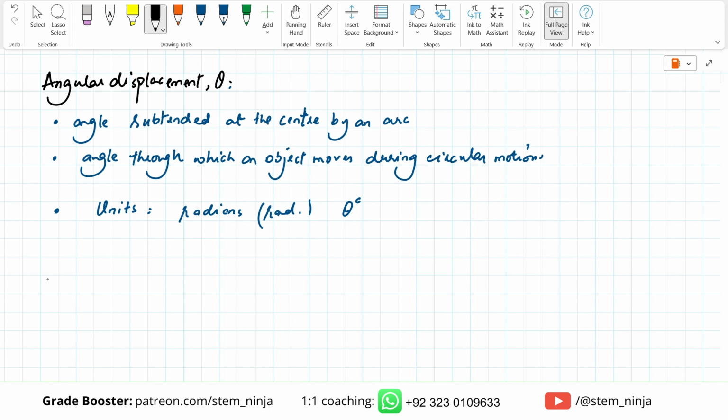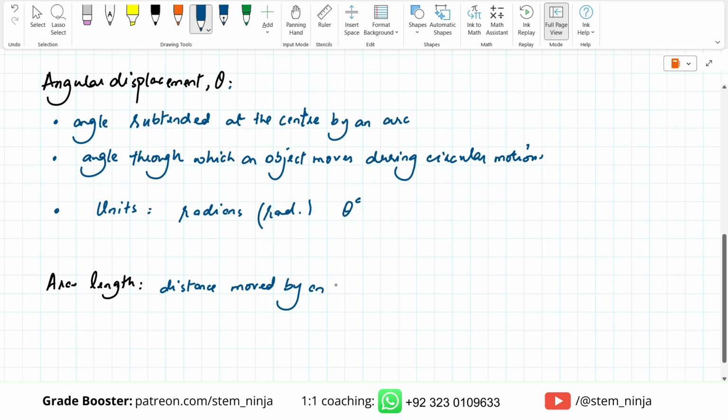Next up is the arc length. We already know what arc length is. This is the distance moved by an object moving in circular motion, moving in a circular path or a circular arc.